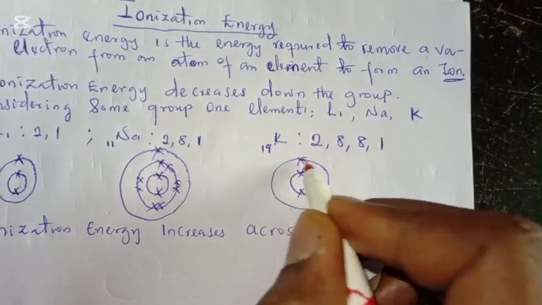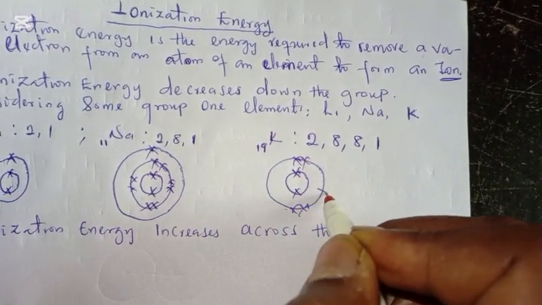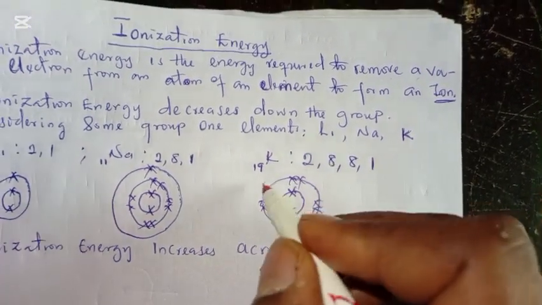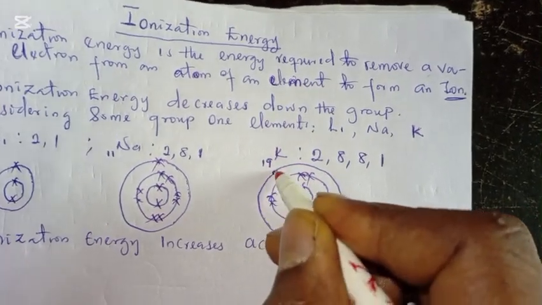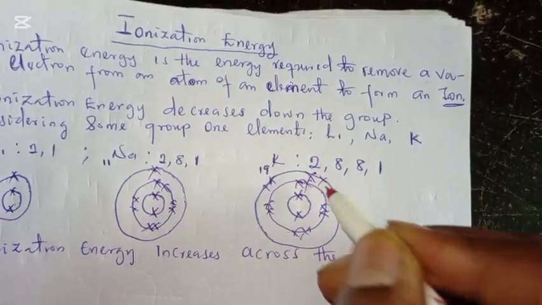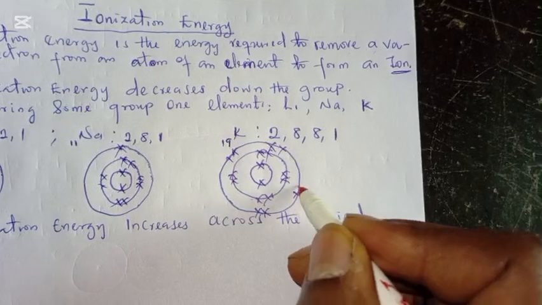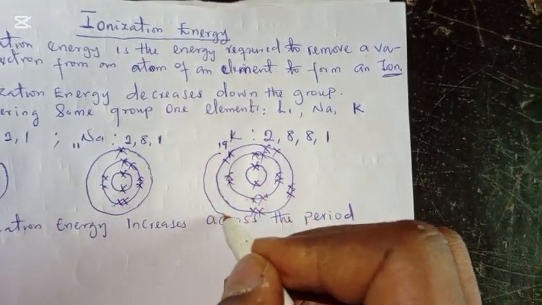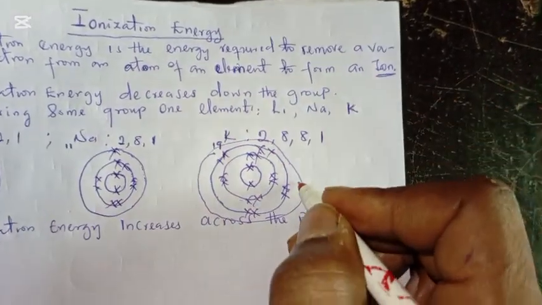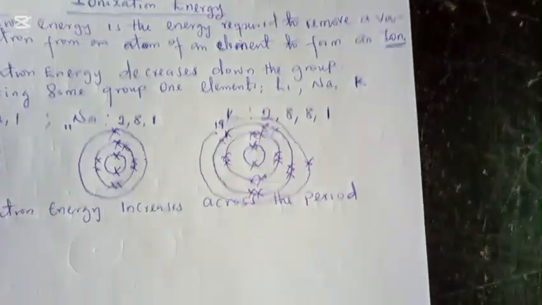We have 8 here. Are you following through? The third shell, we have 8 as well. And the last shell, which is the fourth shell, we are going to have just 1.